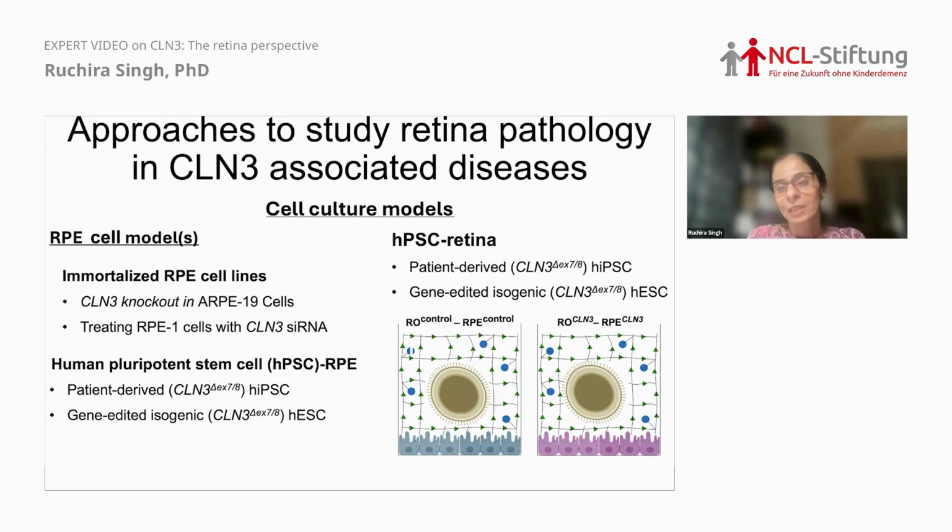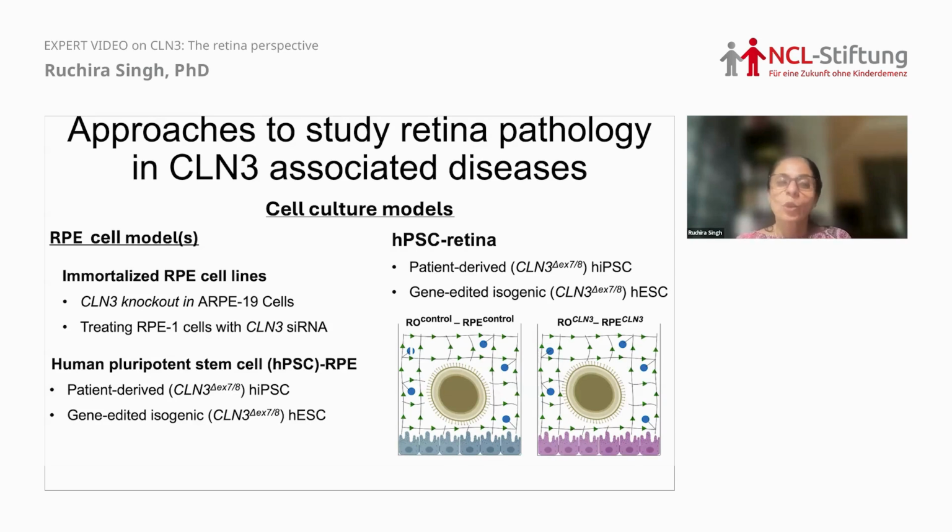And till very recently, till the advent of the iPSC technology, or the pluripotent stem cell technology, this was limited to using immortalized RPE cell lines, which include knocking CLN3 out in ARPE-19 cells. And another approach that's been published is using siRNA to knock down CLN3 in RPE1 cells.